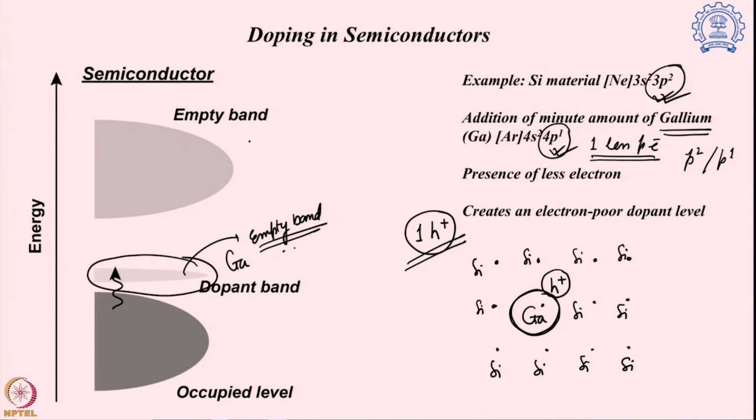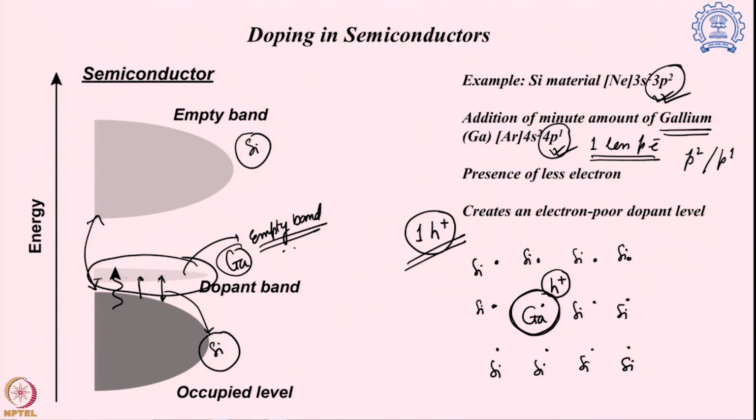Previously the empty band belonging to silica was way out, but this empty band coming from gallium is now very close. So the band gap is much smaller relative to the silicon-based valence band. With respect to that, we no longer need a huge temperature to transfer the electrons from the silicon occupied level to the gallium level.